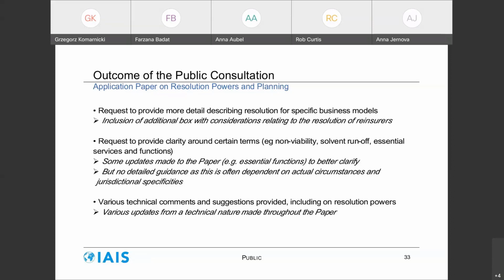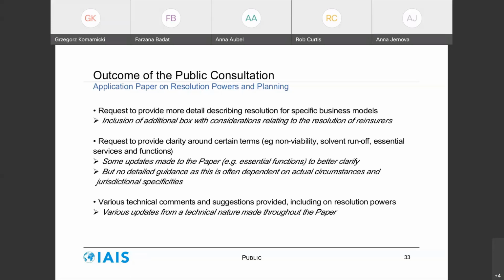I think there are some updates that we made to the paper to better clarify where those differentiations are and what they mean. But there's not specific detailed guidance because it's circumstantially and jurisdictionally dependent. So we've left room for supervisory and resolution authorities to be able to have their judgment applied.